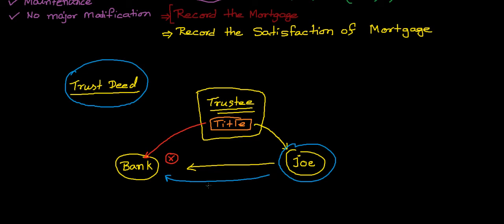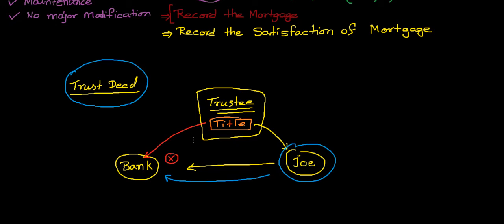That process is foreclosure, but that is a much lengthier process than going through a deed of trust. So many banks or lenders prefer this instrument of deed of trust over the mortgage.